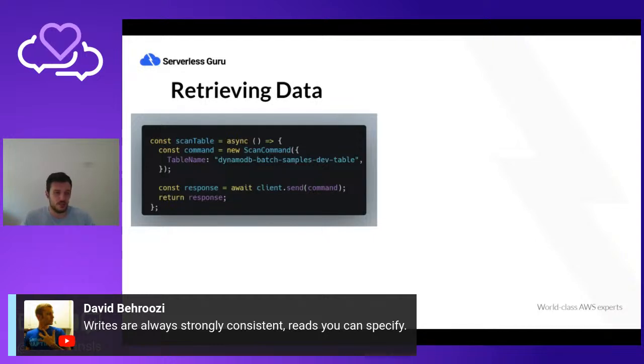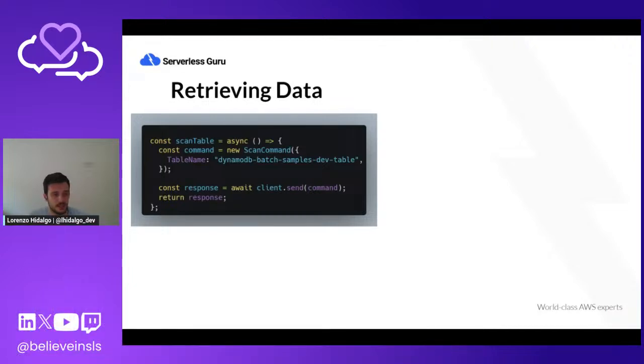With reads is what I mentioned at the beginning, the consistency is not really, it's temporal consistency, meaning that you could be reading an old version of the attribute. If you don't specifically add the attribute to do a strong read, you can't be sure that the attribute is the latest version of it.